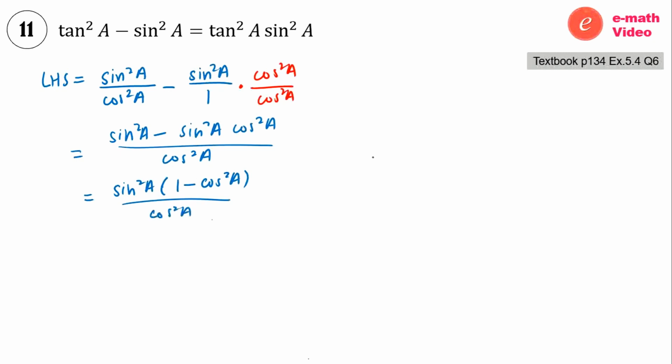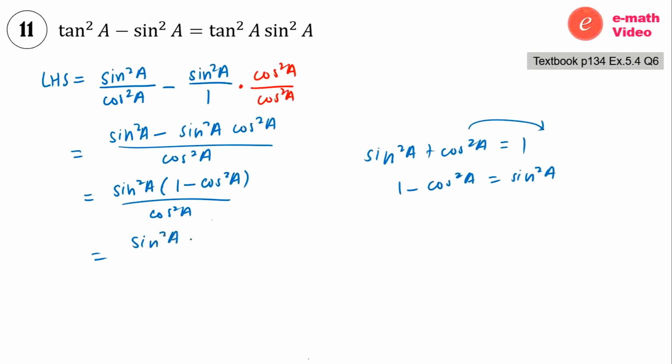You see, our friend again, sin square A plus cos square A equals to 1. We move this cos square A to the right hand side, equals 1 minus cos square A equals sin square A. So equals sin square A times sin square A over cos square A. Because I want tangent square A on the right hand side, right?